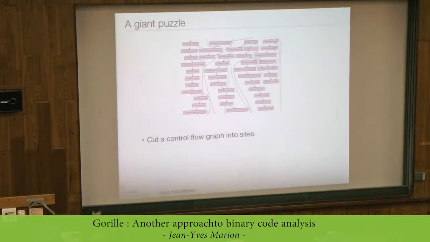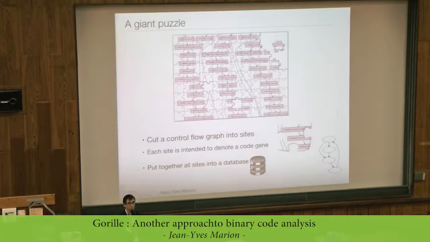But it's not enough either. You have to work again on this idea, because finding functions or identifying some malware is like a puzzle. And the signature that you build, as I try to explain, is something like that. You have some nodes and you have some edges between nodes, and it's quite large. So it is like a giant puzzle. And one very important point is to cut this very large abstraction of the control flow graph into small pieces.